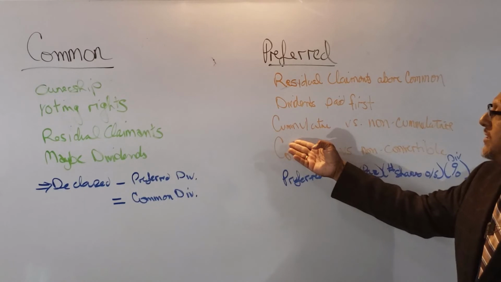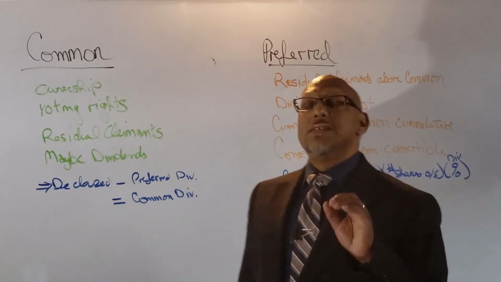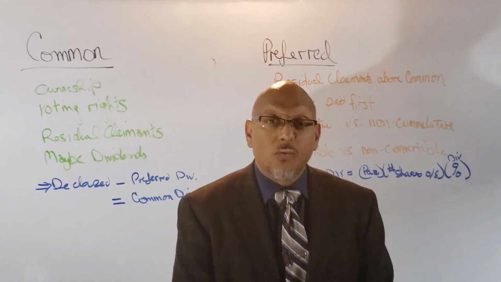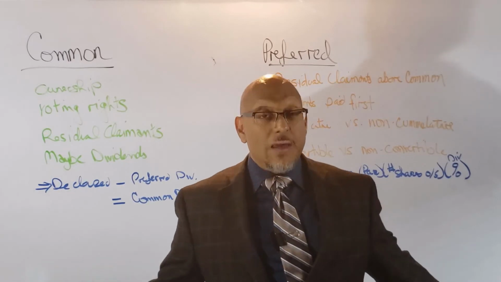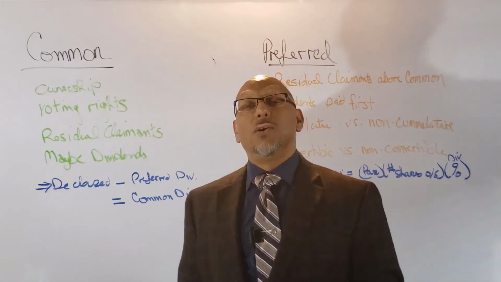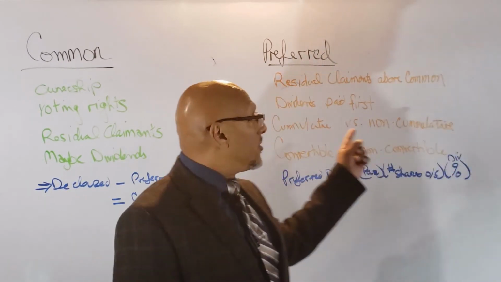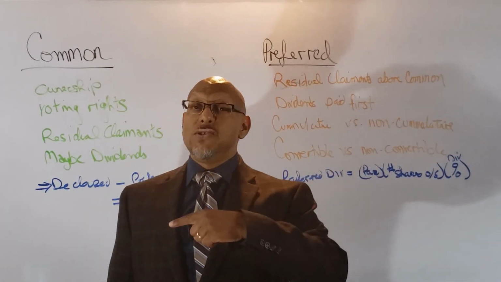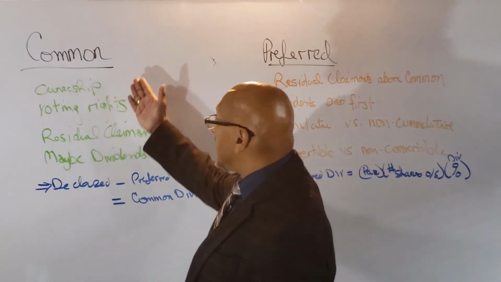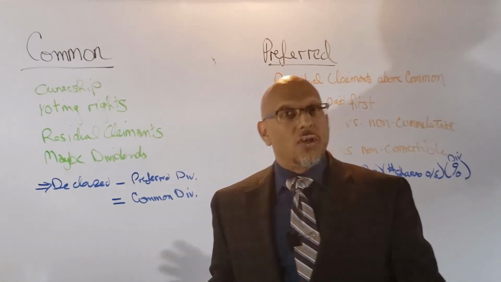Now, it could be a cumulative preferred stock or a non-cumulative preferred stock. With cumulative preferred stock, if the company does not declare a dividend in one year, neither gets paid. But in the next year, when they do declare and pay a dividend, the cumulative preferred stockholders get last year's dividend and this year's dividend. If there's anything left over, the common stockholders get that, if anything, most often not.